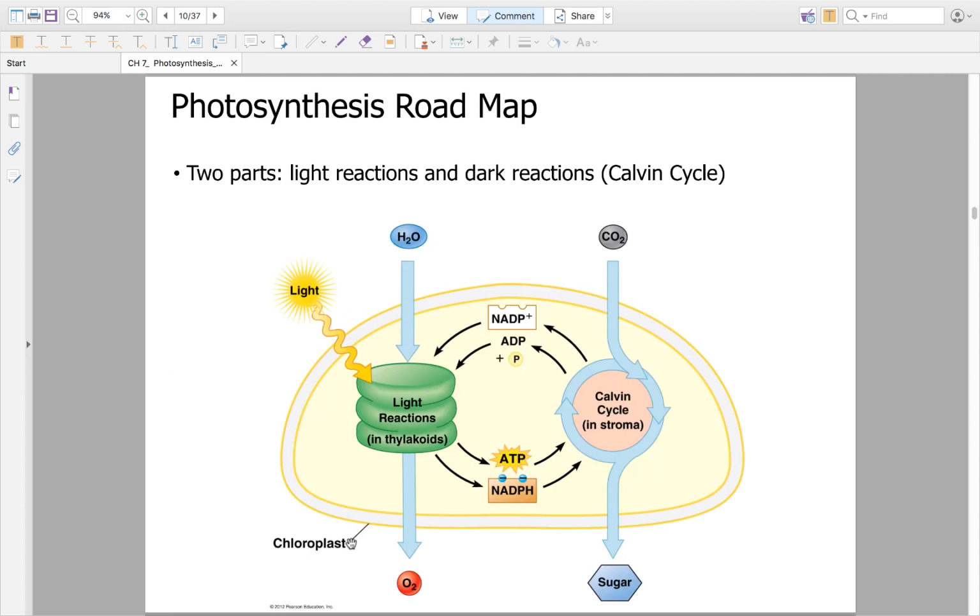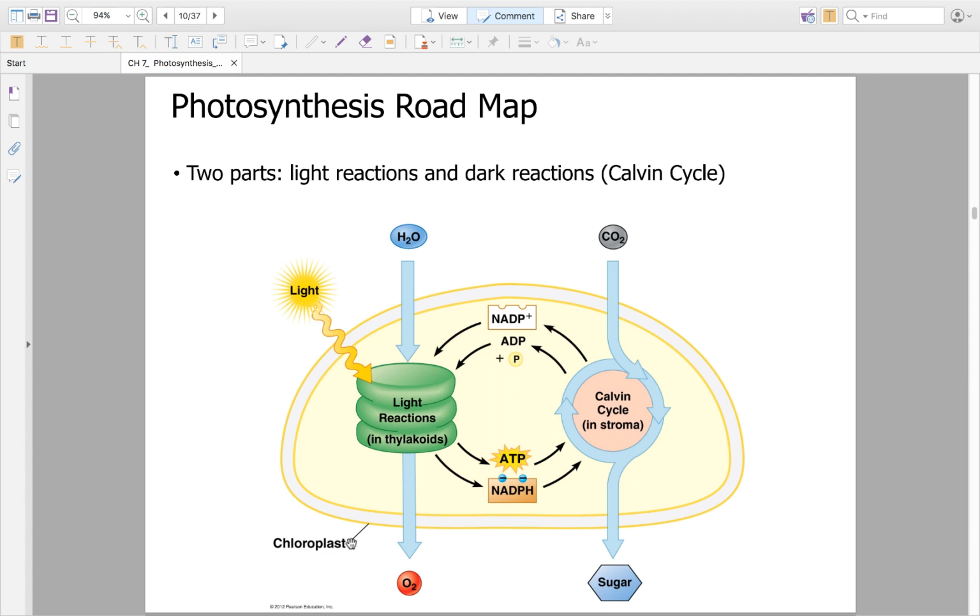All right, so this is the road map, meaning the big picture to photosynthesis. And what's interesting about it is that it's very simplified. And then we're going to move to the next part where it's not so simple, and we're going to learn every single step, which is absolutely mandatory and necessary to complete your exam and move on.